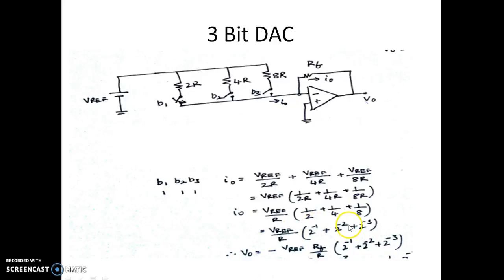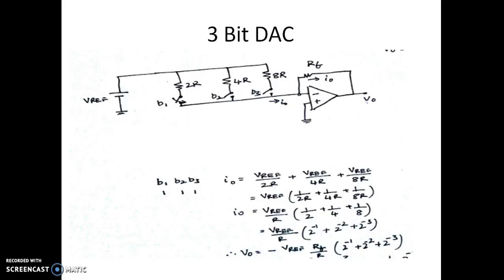Now you can see the output expression is minus V reference into RF by R multiplied by 2 power minus 1 plus 2 power minus 2 plus 2 power minus 3. This is exactly like writing B1, B2, B3. Since B1, B2, B3 are all 1, 1, 1, we have included all the terms. Whichever term is 0, we can just neglect, and we get the corresponding output voltage.